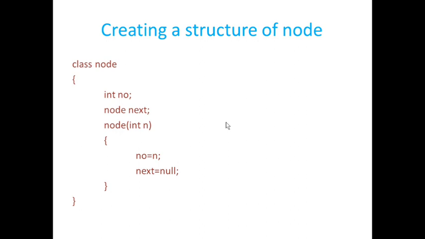Now I'm using a constructor to initialize the values. Whatever value I pass inside the node will be assigned to the number portion, that is the data portion, and the next portion will automatically be null. Now you can see here how the node is represented: number and next portion. So this is called a node.